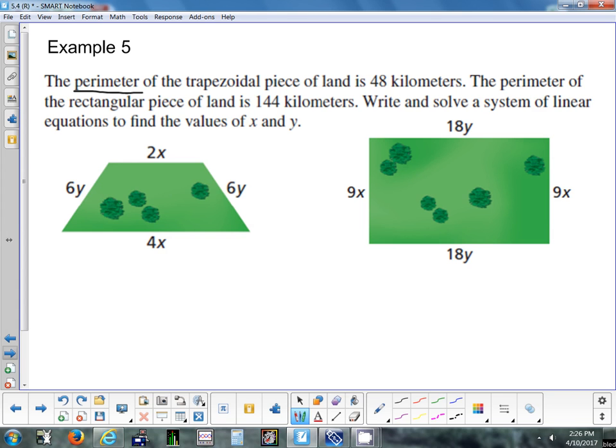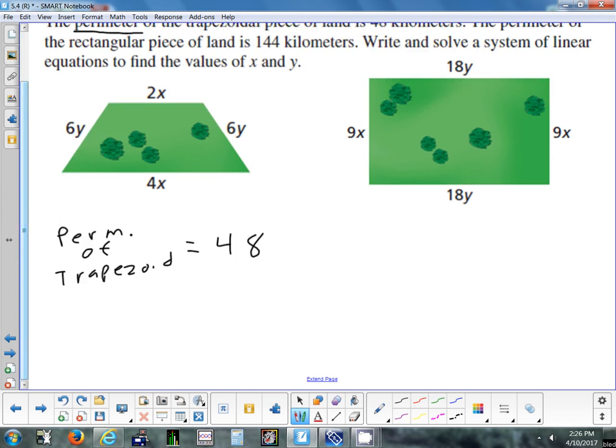So it says the perimeter of the trapezoid is 48. Let me just write that. If you want to draw the pictures, you can. You don't have to. You don't have them on your notes, but you do have the problem. But I would definitely write down what Mr. Hager's writing. So perimeter of trapezoid is 48.